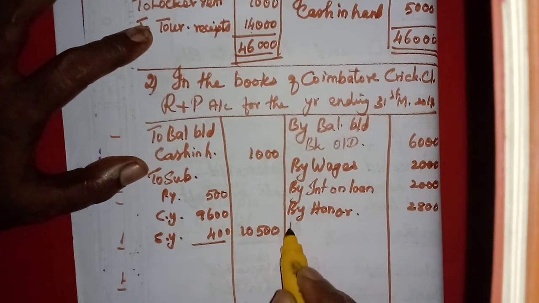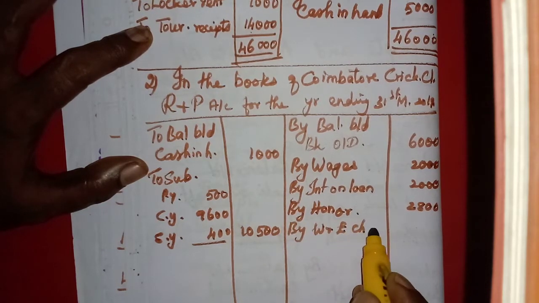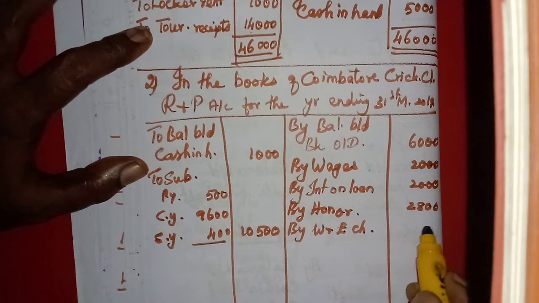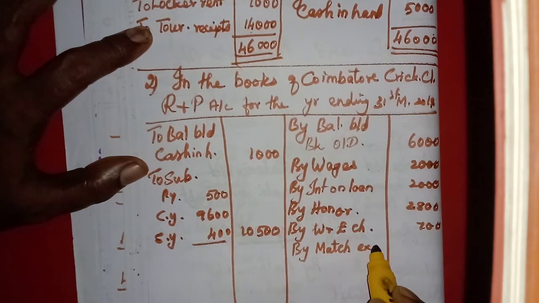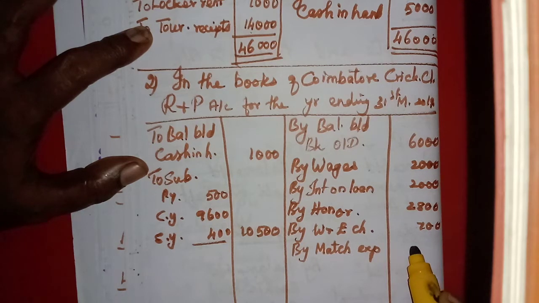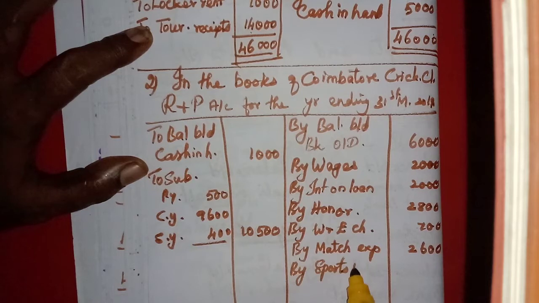Water and electricity charges, 700. Match expenses, 2,600. Sports materials purchased, by sports materials, 1,900.